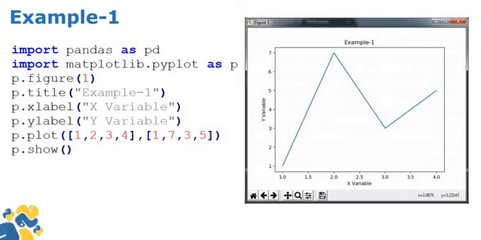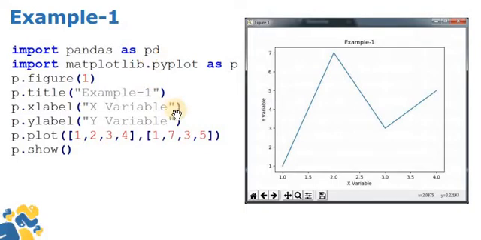First of all we make an alias. Here, import pandas as pd. What do we mean by import? Through import we are using that particular pandas module in our program, but here I am giving the alias pd.